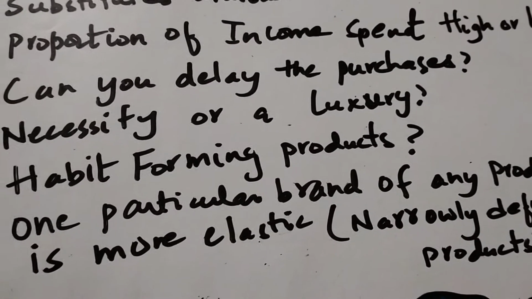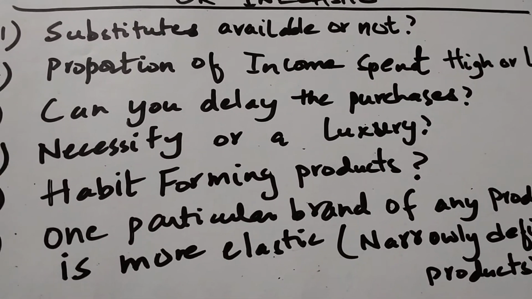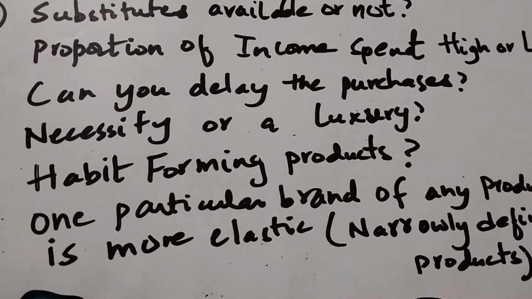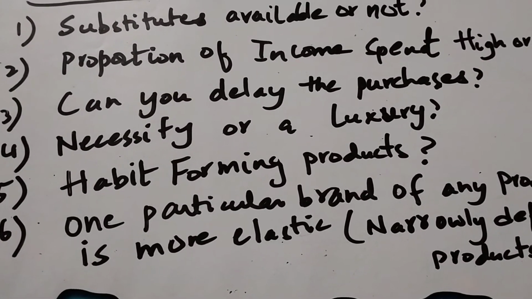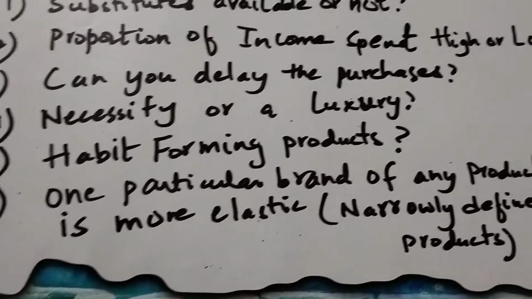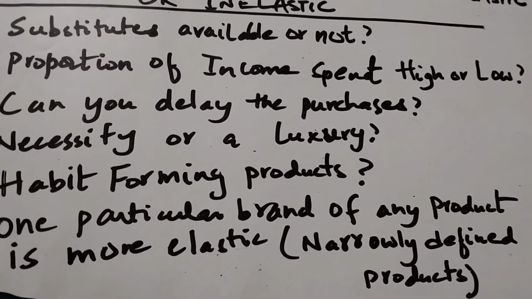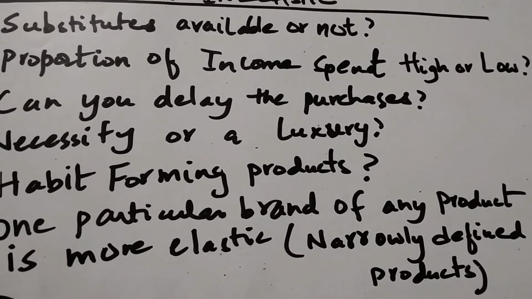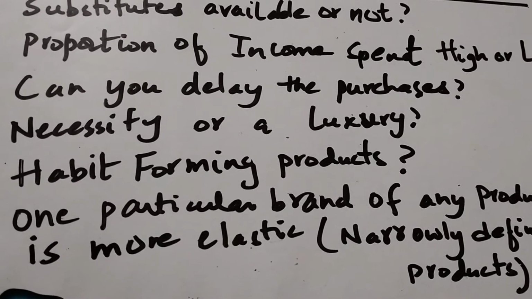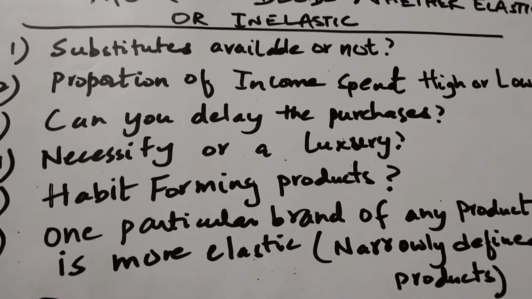For example, one particular brand of perfume will be price elastic because you have other substitutes available, as compared to the price elasticity of demand of perfume in general, which will be comparatively more price inelastic. A single brand of perfume will be more price elastic in nature, because if you don't get one particular brand, you can always switch over to the other.